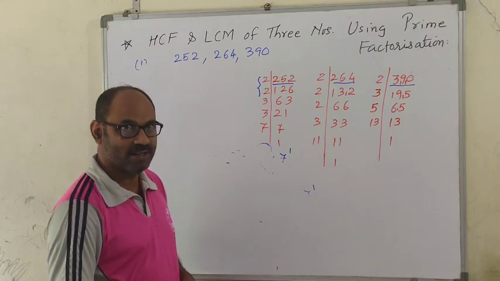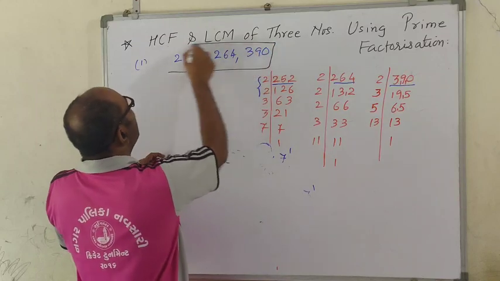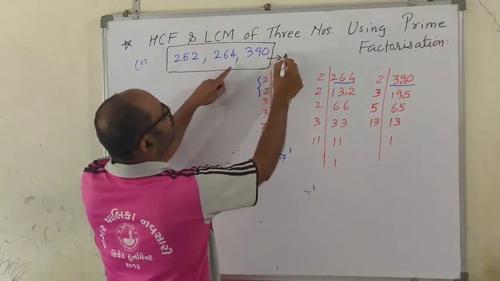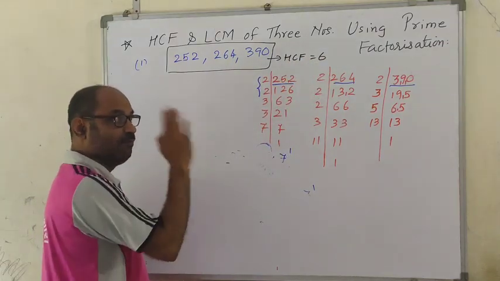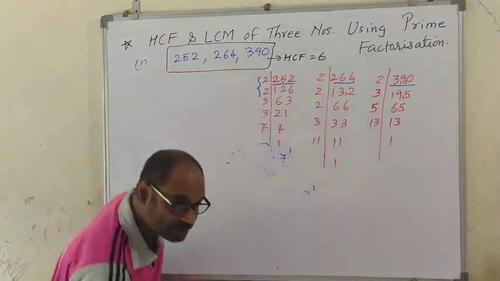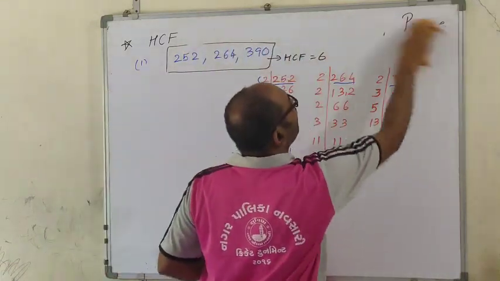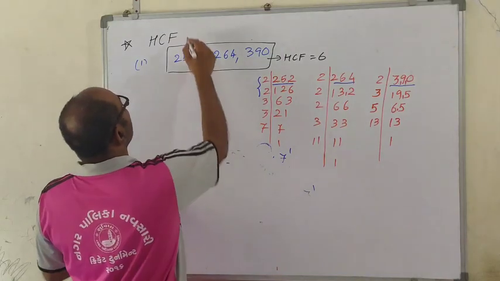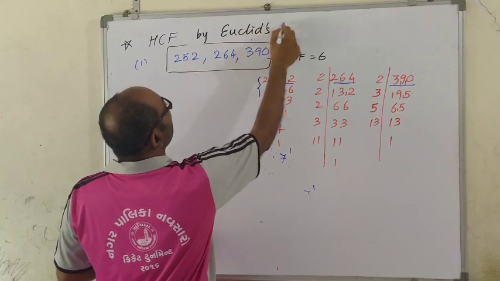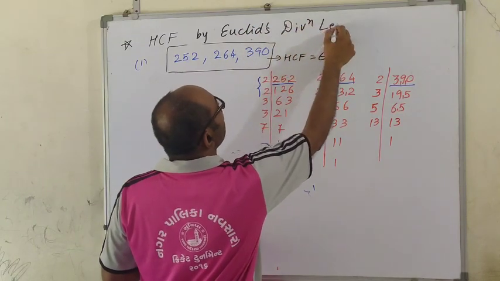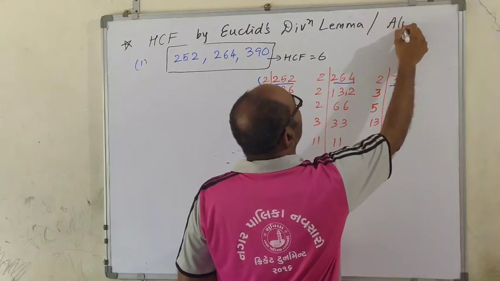Yeah, Euclid's algorithm. I'll pick the same numbers, children. And we saw their HCF was what? 6. If you remember, the HCF was 6. Now I'm going to find the HCF of these three same numbers using Euclid's division lemma, or you can say using Euclid's division algorithm.